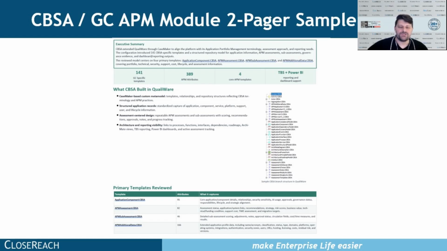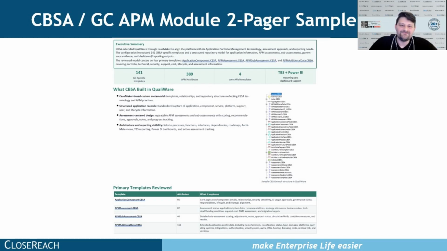It goes beyond the vanilla APM. You are using application components, APM assessments, sub-assessments, and APM additional data. So we did an initial analysis to understand what we are dealing with.